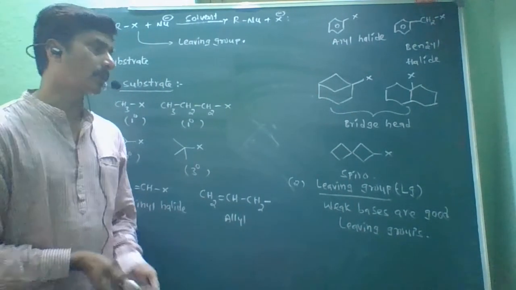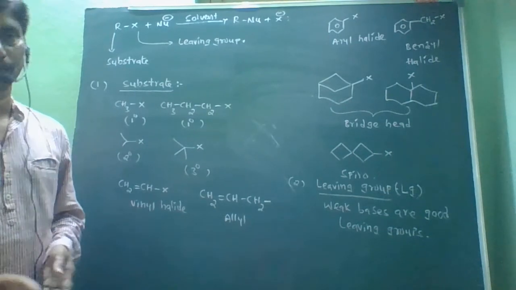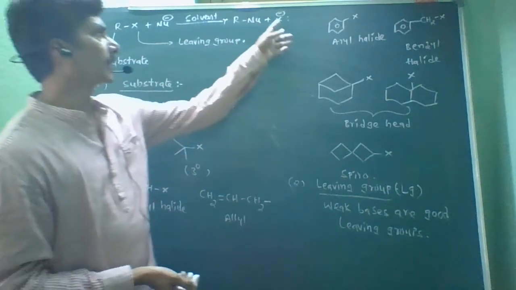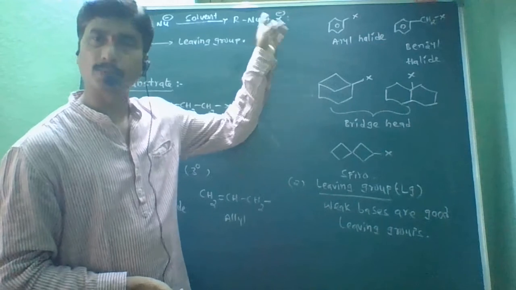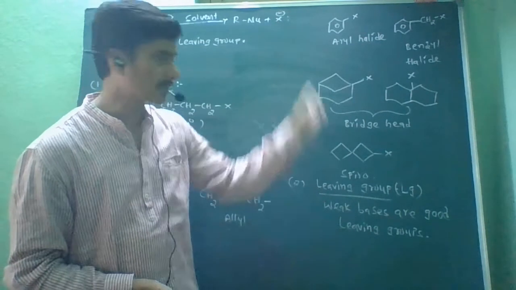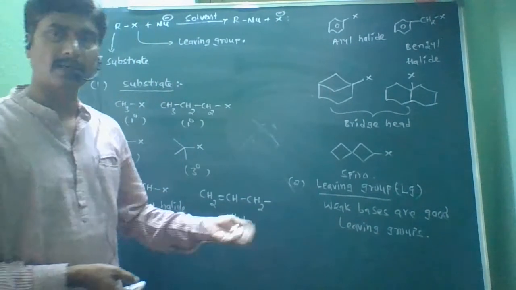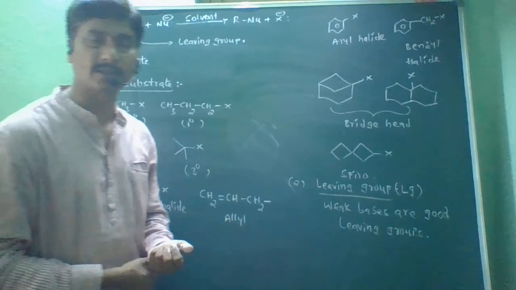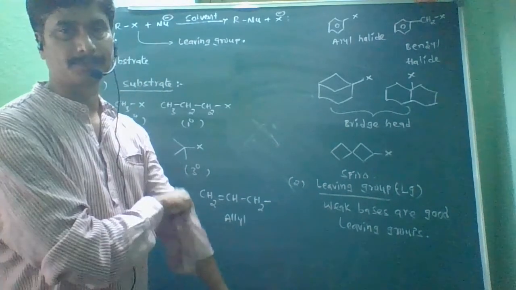Weaker bases are good leaving groups. Stable anions are weaker bases. Weaker bases are good leaving groups, which we already discussed in the factors influencing the nucleophilicity.